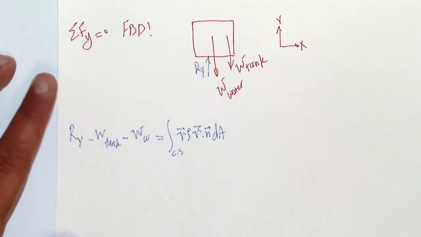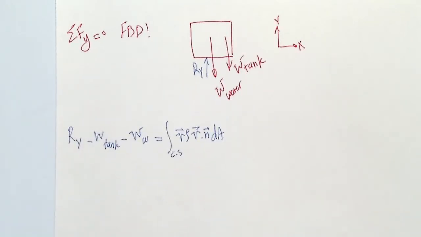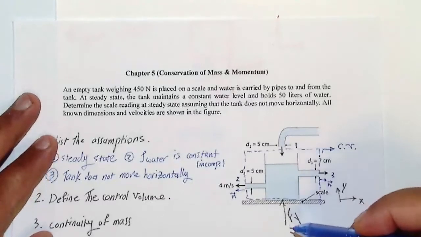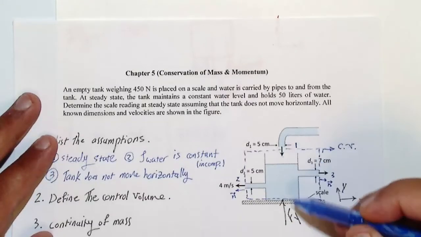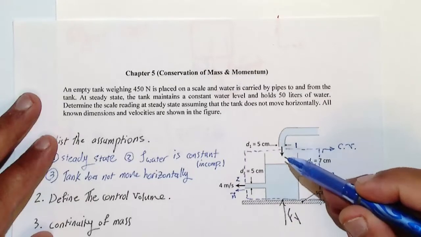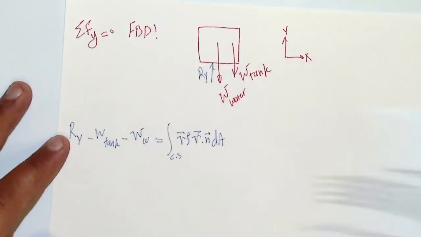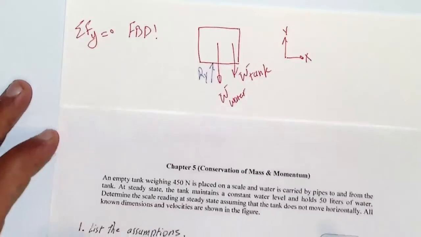Okay, so if you look again at the control volume, what we have here in Y direction, the only velocity that we have in this direction is V1, right? It only comes in. And V dot N has a negative sign, right?